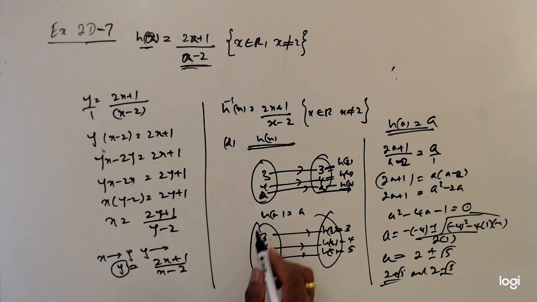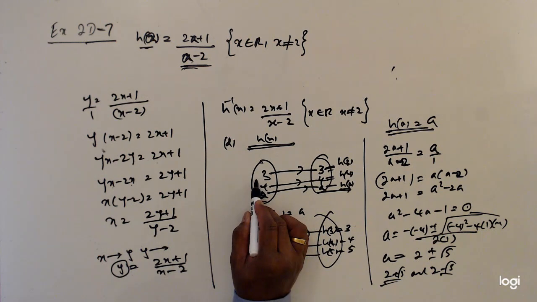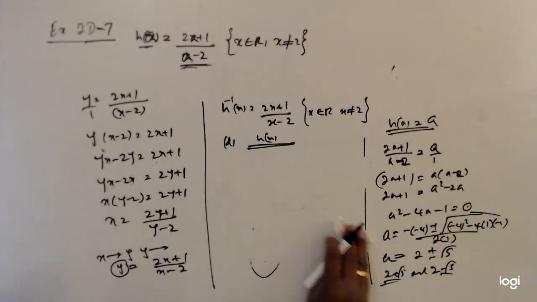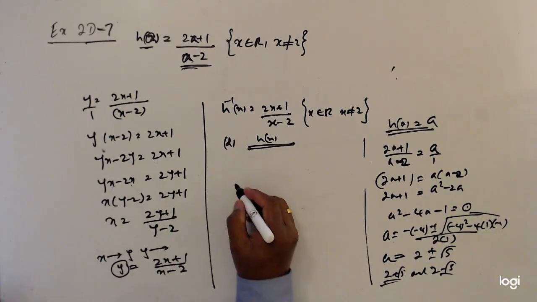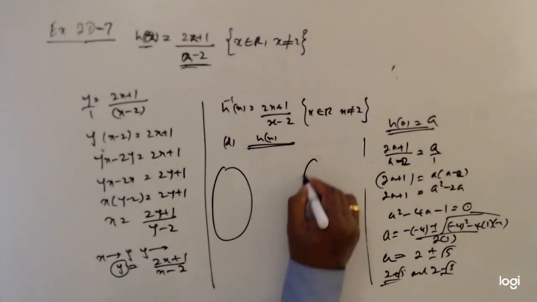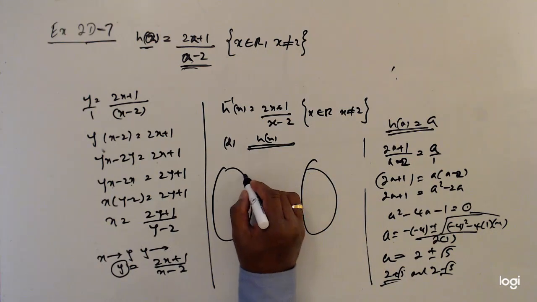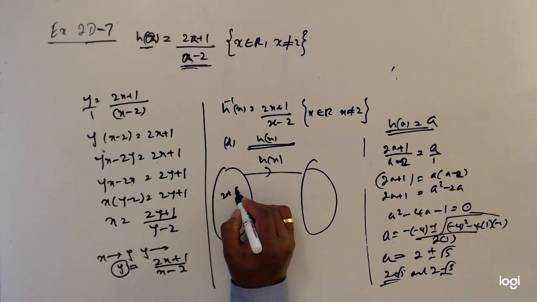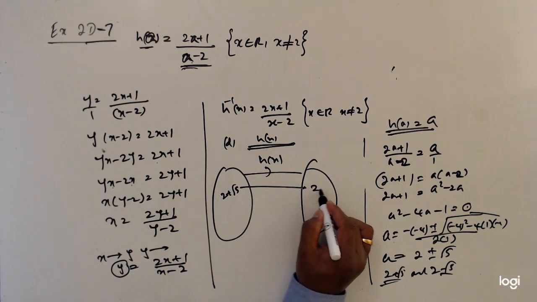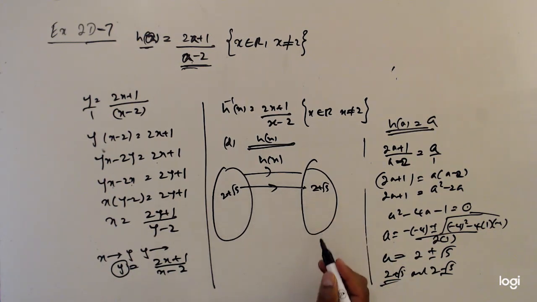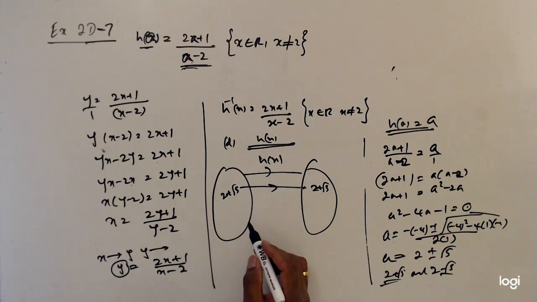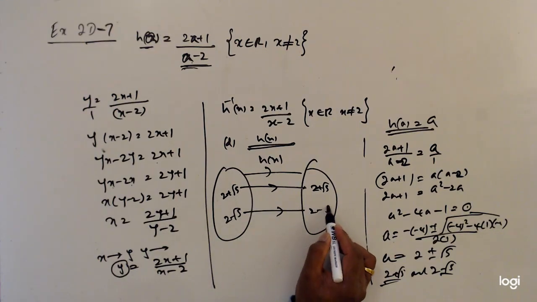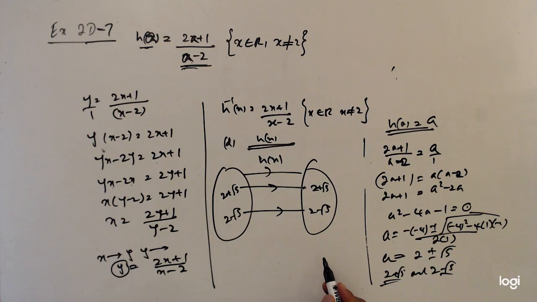Basically, when you put 2 plus square root 5 into this hx function, you will get 2 plus square root 5, mapped to itself. And 2 minus square root 5, if you put, you will get 2 minus square root 5.